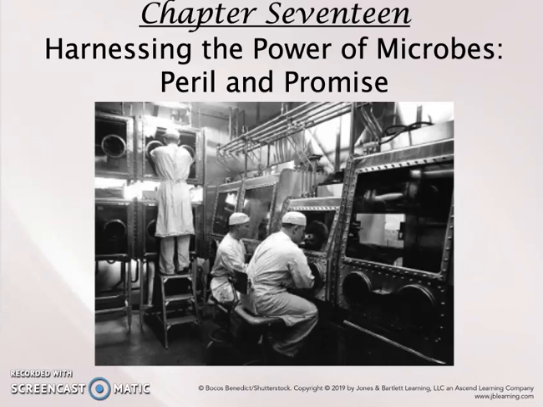bioweapons. During the siege of Kaffa, which is now Feodosia in Ukraine, in 1346, the Tatar army recognized that plague-ridden corpses could be used as weapons.